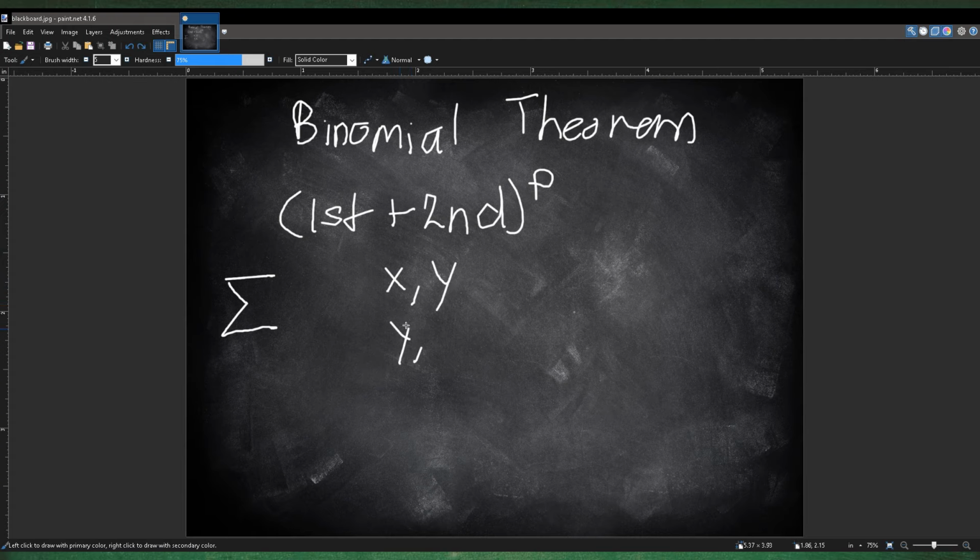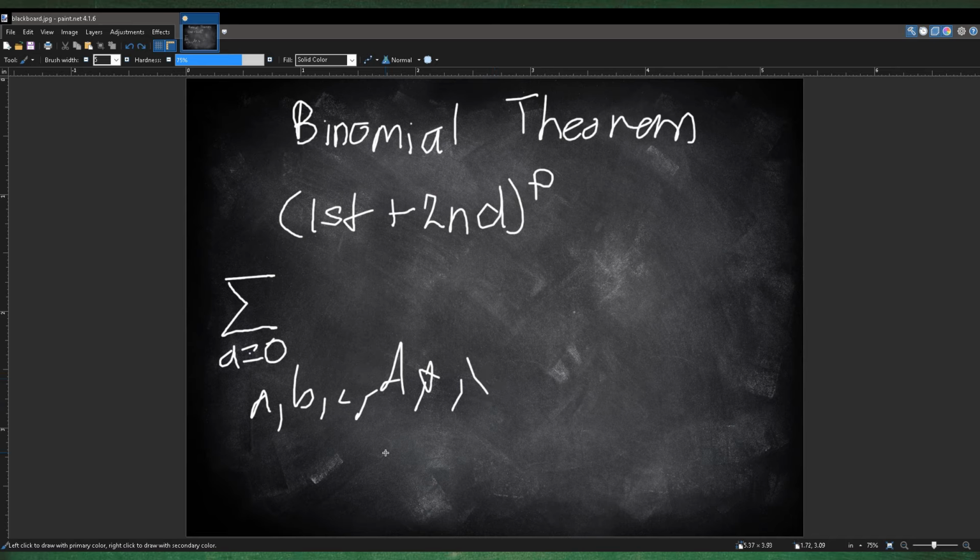So we're just going to use a, where a is equal to 0. A could be anything, A, B, C, D. I just don't want to use X and Y so you can keep track of the variables, up to the power p.